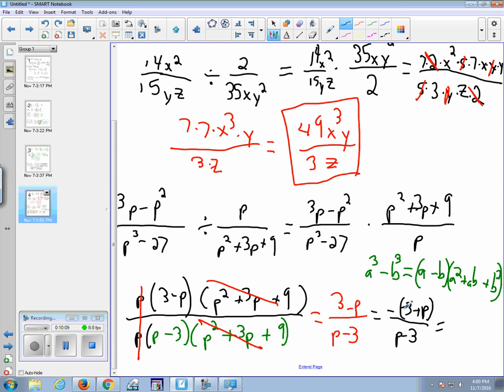It's annoying to write -3 plus p. Let's just leave that negative out front. Instead of -3 plus p, let's write that p minus 3. What do you know? P minus 3 over p minus 3. We can put parentheses around it if we want. We just get a negative sign. Well, -1.